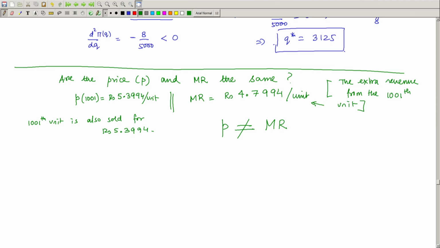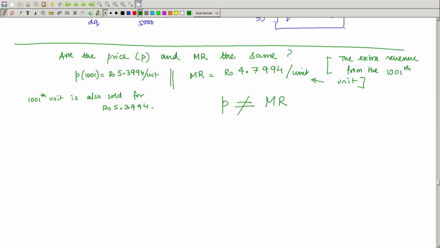But what is going on here? And this is the subtle point here. So, first consider the case when the firm was selling 1000 units. I have the first unit, the second unit, the third unit, and all the way until the 1000th unit.